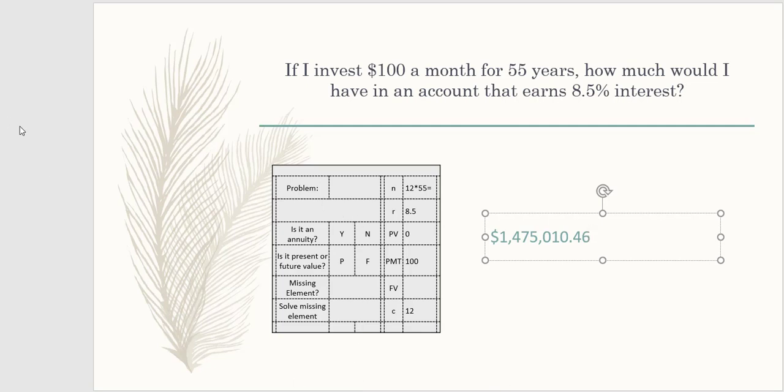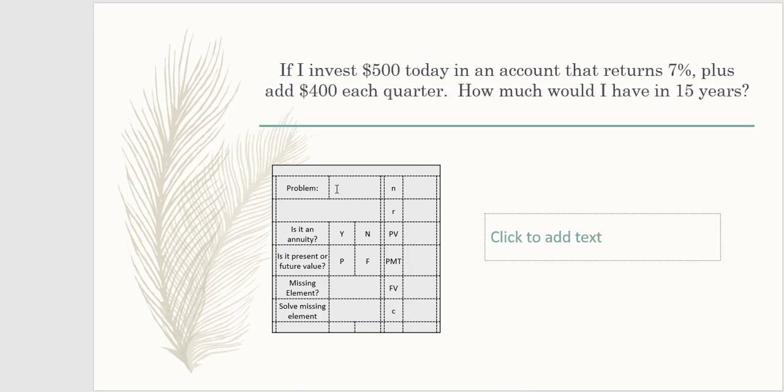So let's look at the next problem. What if I invested $500 today in an account that returns 7% plus add $400 a quarter? How much would I have in 15 years? So we have our present value was 500. Our payment was 400 a quarter.